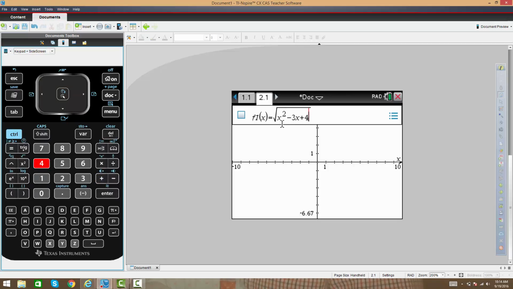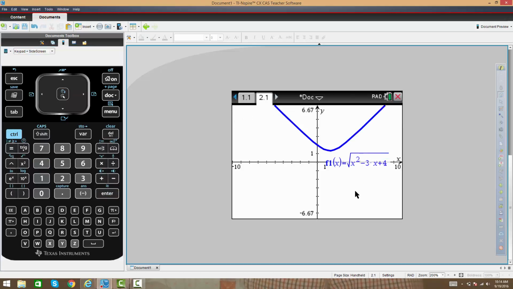Now, if this is the square root of x squared, forgetting the other stuff, overall, the end behavior of this graph will pretty much look like the absolute value. Then there'll be a little curve in the middle that's somewhat interesting, but overall, this should look like the absolute value function if zoomed way out. So I'm going to hit enter, and sure enough, at the far edges, as x approaches negative infinity or infinity, we're approaching the absolute value of x, but in the middle, we have a curved portion that's somewhat interesting.